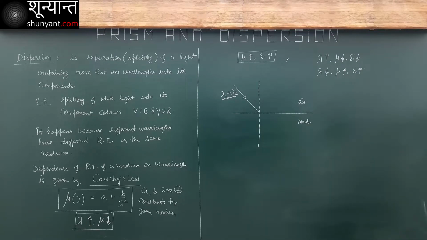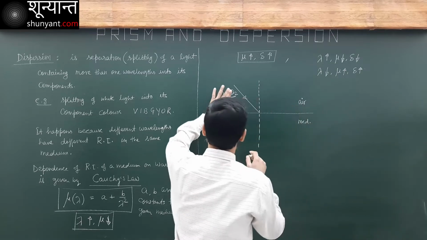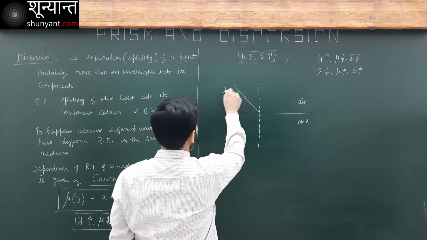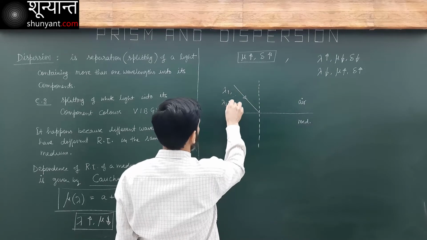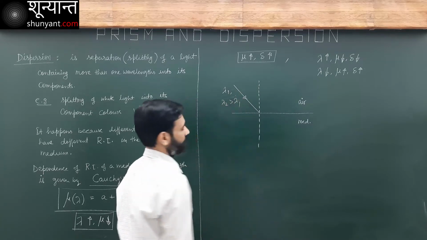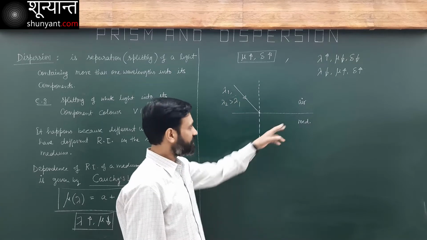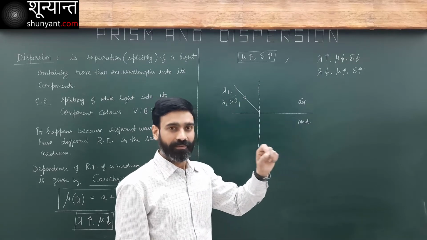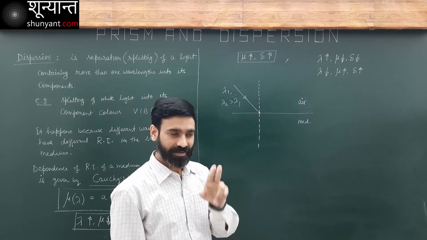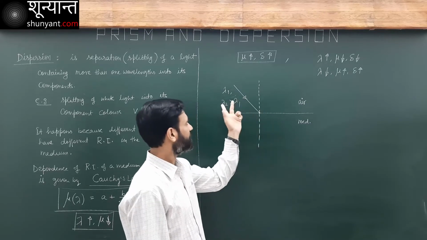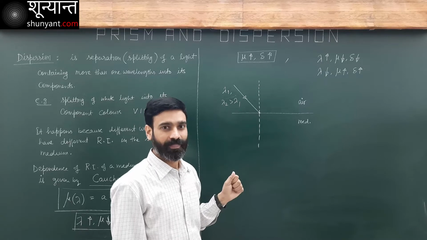Let's say I have these two wavelengths, lambda 1 and lambda 2, which is more than lambda 1. At this point they hit. Now, the same medium is going to have a different refractive index for these two wavelengths.